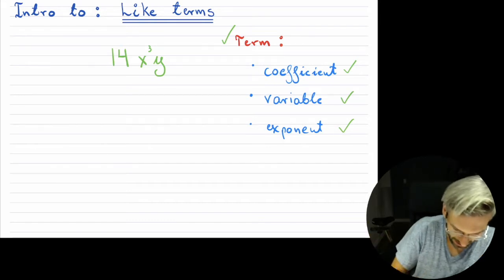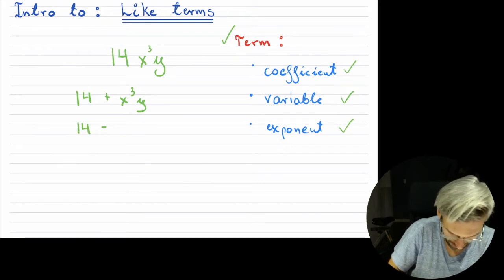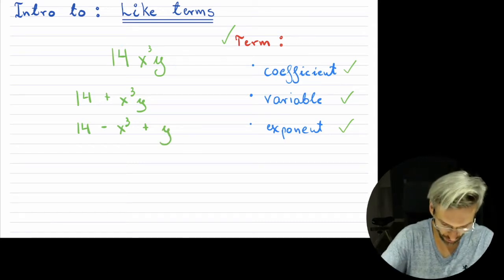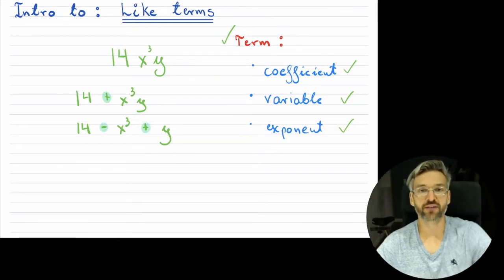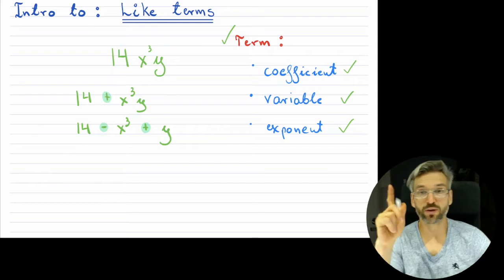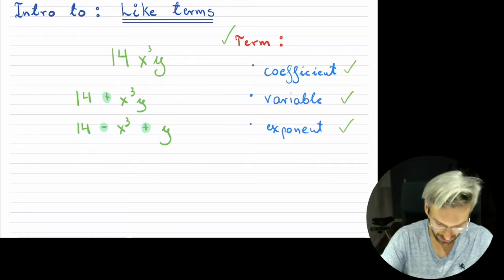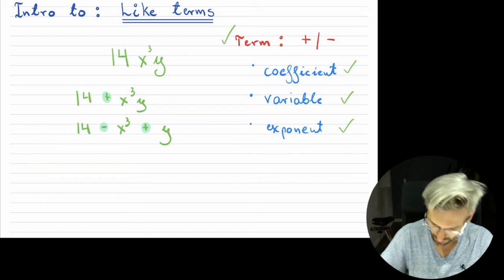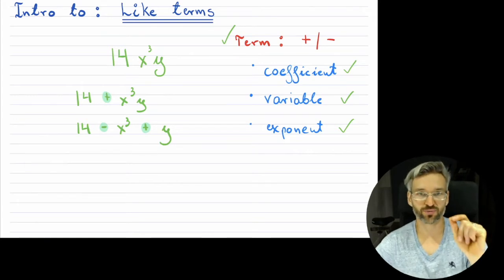So for instance, if I wrote this as 14 plus x cubed y, or if I wrote 14 minus x cubed plus y, as soon as I throw in these additions and subtractions, I no longer just have one term. I've separated and created more than one term. So the number one thing you should think about is that terms do not have any additions or subtractions.